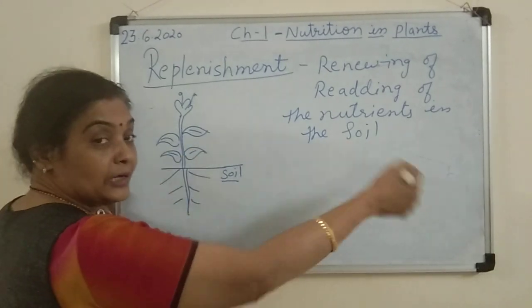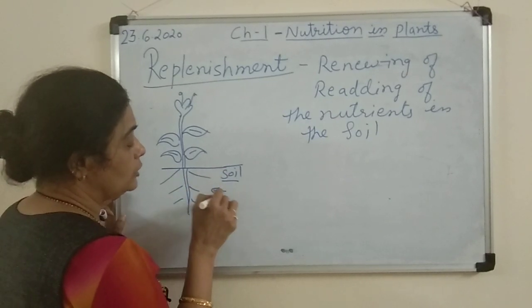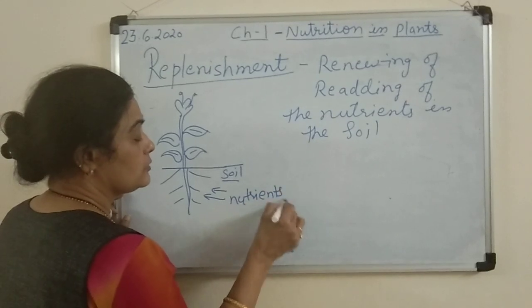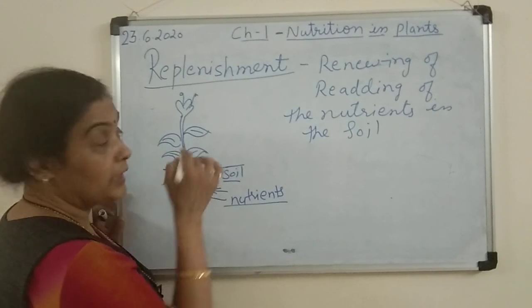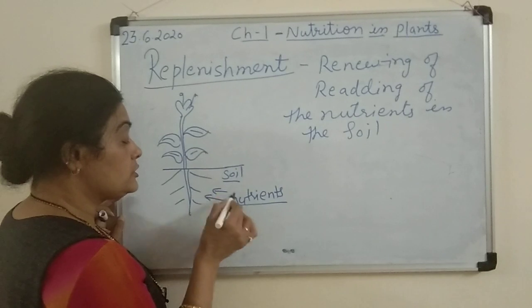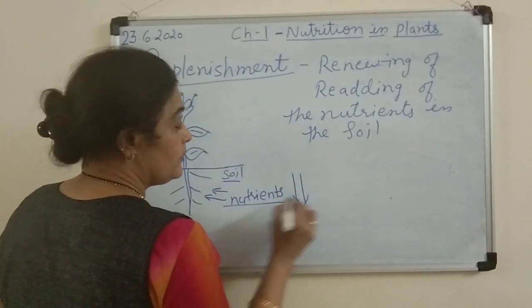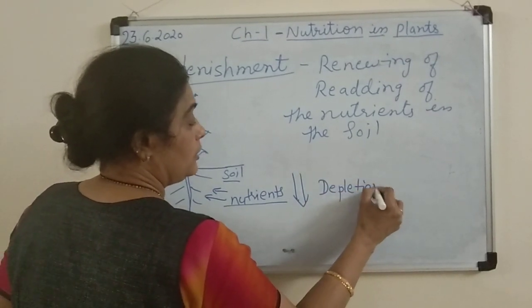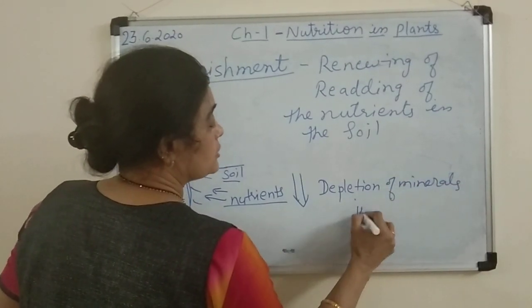Like that, many plants are growing in a crop field or in the soil. The nutrients are constantly taken by the roots and absorbed by the plant to grow and develop body parts. So a continuous supply from the soil brings depletion of minerals in the soil.